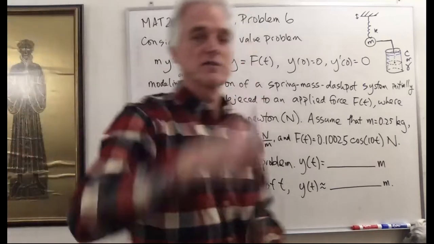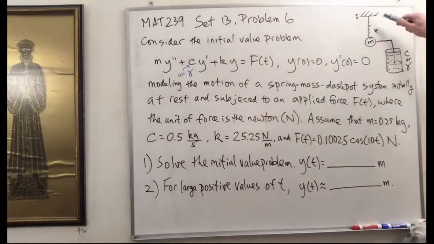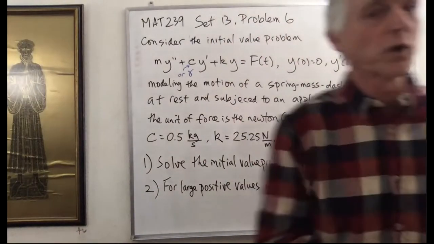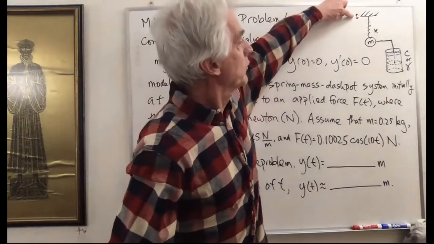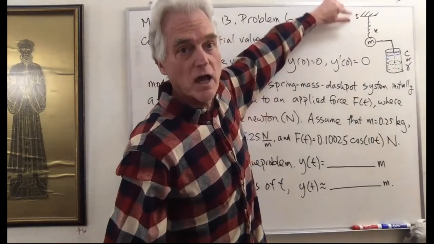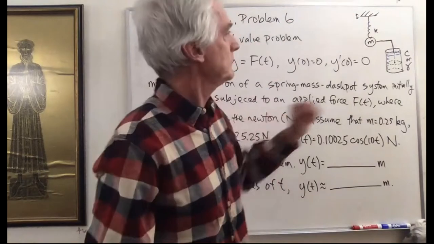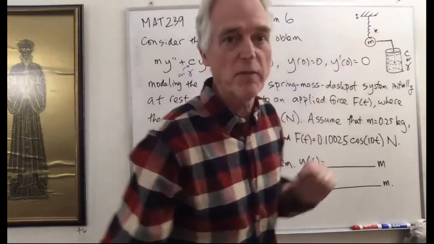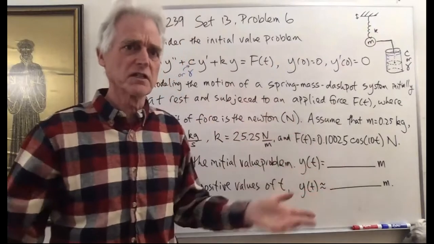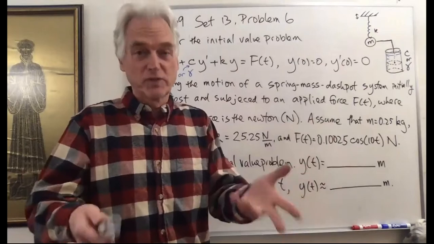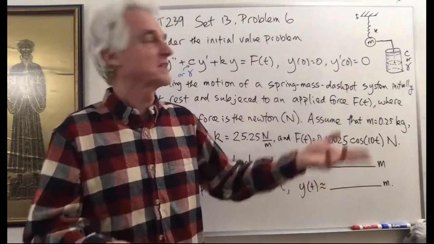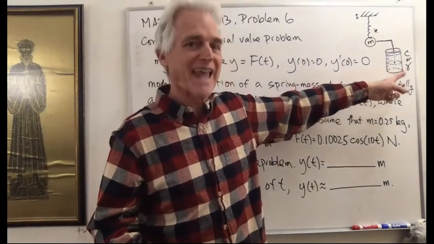Okay, so here's the situation. I've got a mass hanging from a spring, and the top where the spring is attached is oscillating up and down a bit. K is the spring constant, M is the mass. Then I've also got a friction. I don't have to have some physical mechanism for friction, but we often talk about a dash pot.